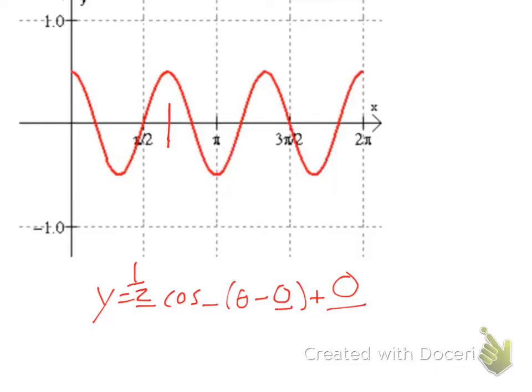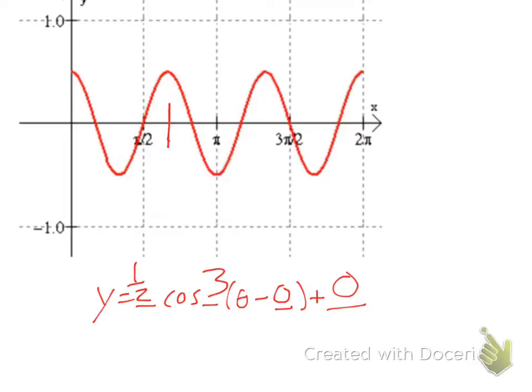Didn't I say something earlier that when we had our coefficient be a 4, how many rotations or periods fit in the normal? 4. Wait a minute. Does it go all the way to 2 pi in this one? It does. Can we trace that? How many? 3. Yeah. 1, 2, 3. What do you think our coefficient's going to be? 3.